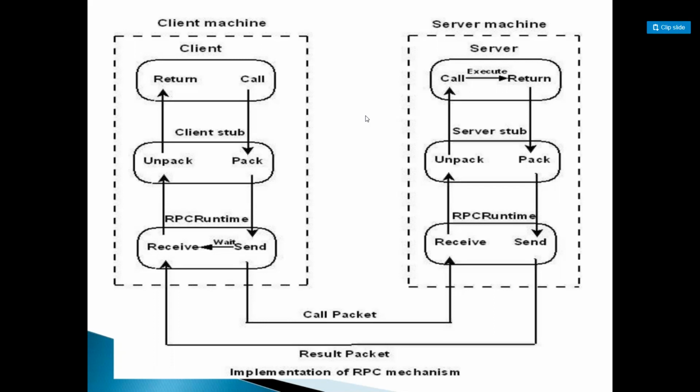It will be forwarded to the server machine by using the client RPC routine, and it is marshaled. The call packet goes to the server machine, and the server local RPC runtime will receive the call packet, and the server stub will unpack that call packet. The call will be executed by the server, and the executed output will be returned to the client.